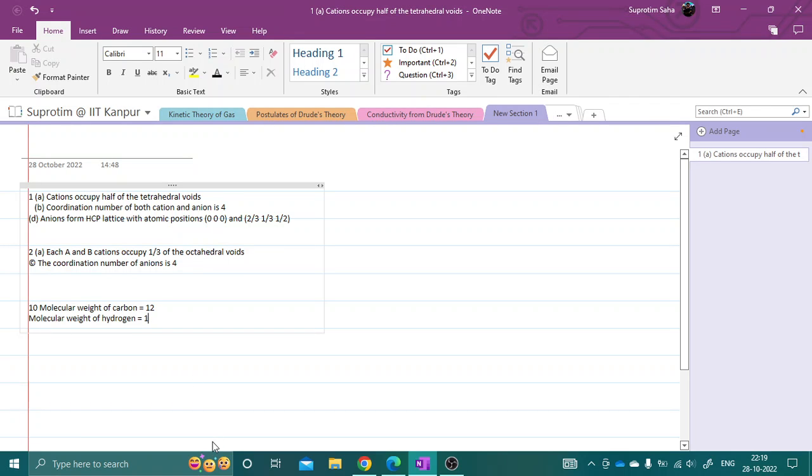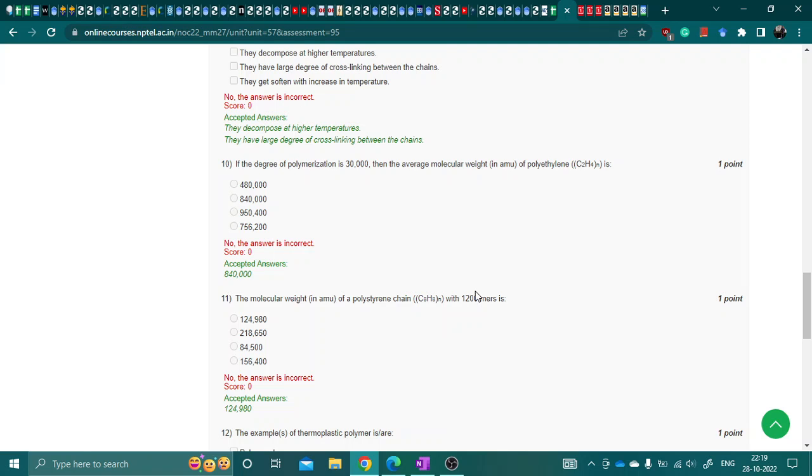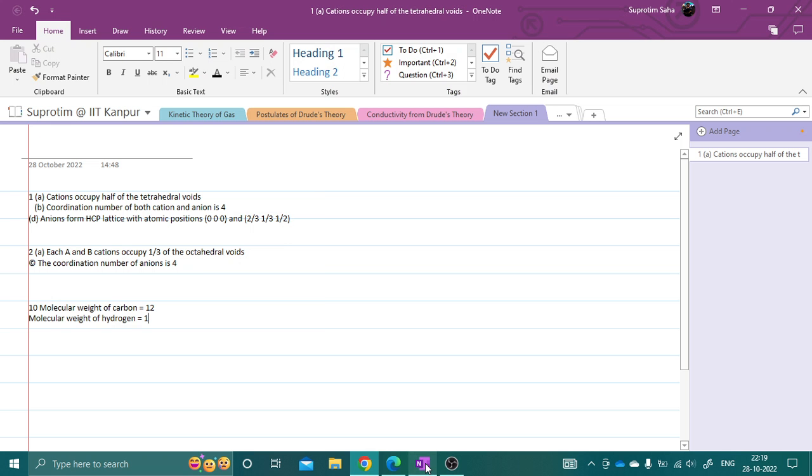So C2H4 means 12 times 2, which is 24, and 1 times 4, which is equal to 4.